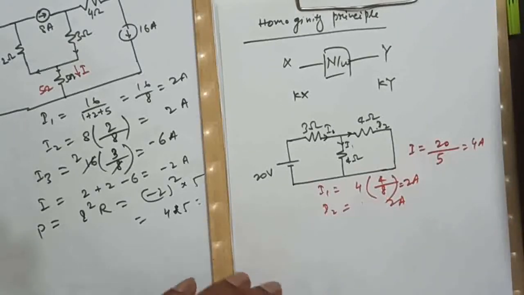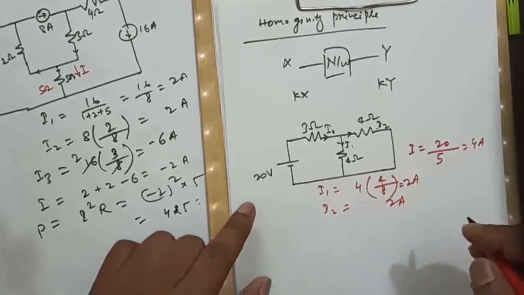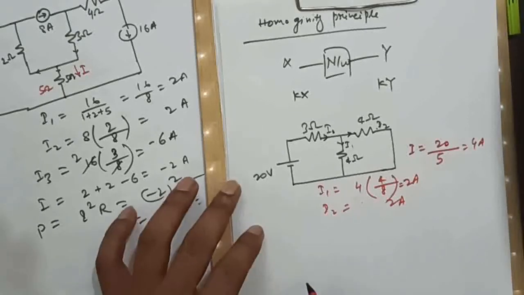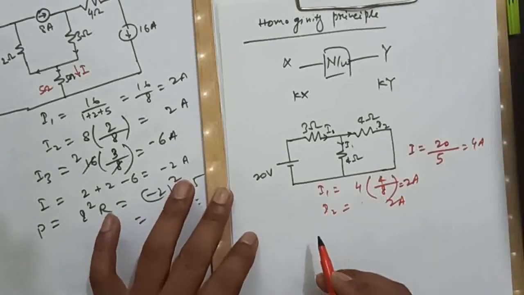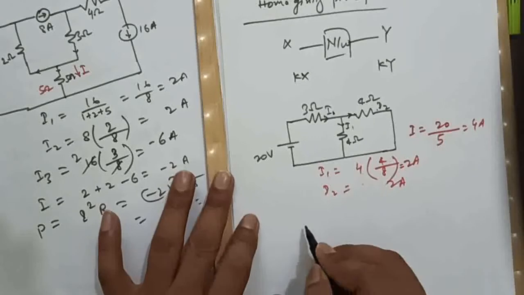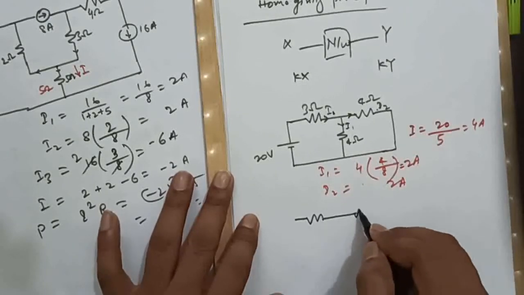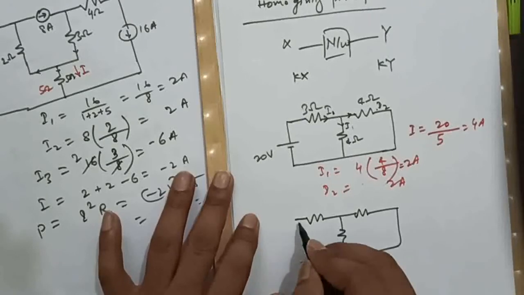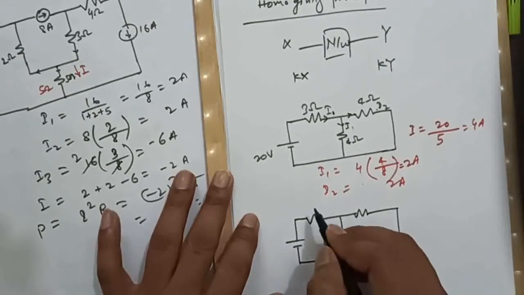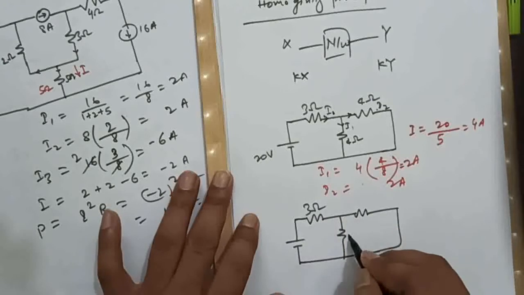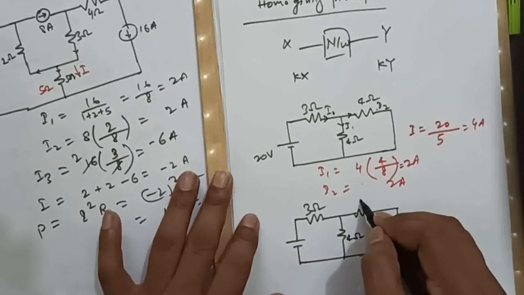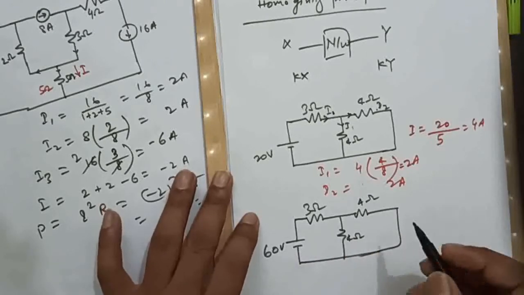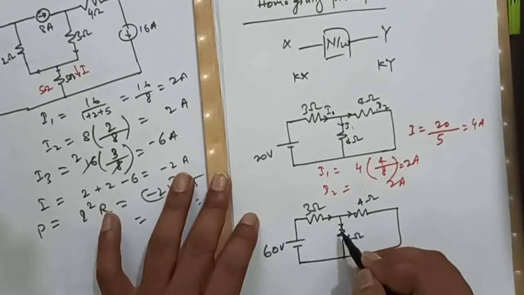Now according to the superposition theorem, what we are doing here is multiplying the excitation, the input, by 3 times. That is, if the circuit is like this, 3 ohm, 4 ohm, 4 ohm, but this is 60 volt, then what will be the value of these currents?